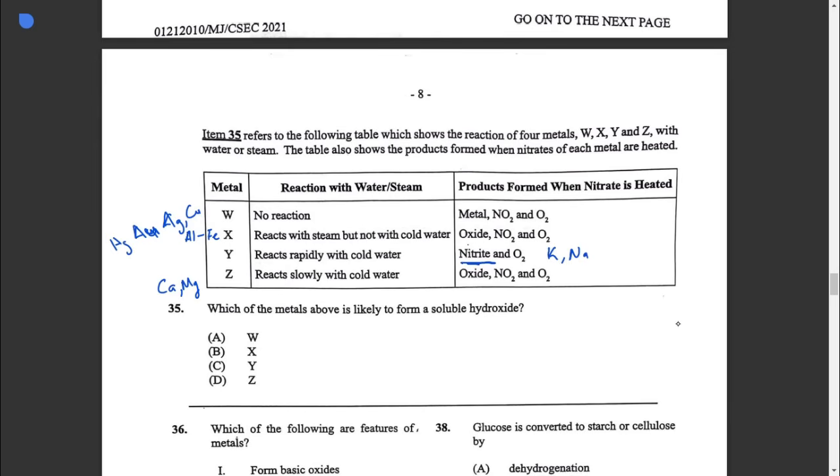All right, so 35 is asking which of the metals above is likely to form a soluble hydroxide. Again, all hydroxides are insoluble except sodium, potassium, and ammonium. So right away we know that it is Y, because Y would be a representation of sodium and potassium.